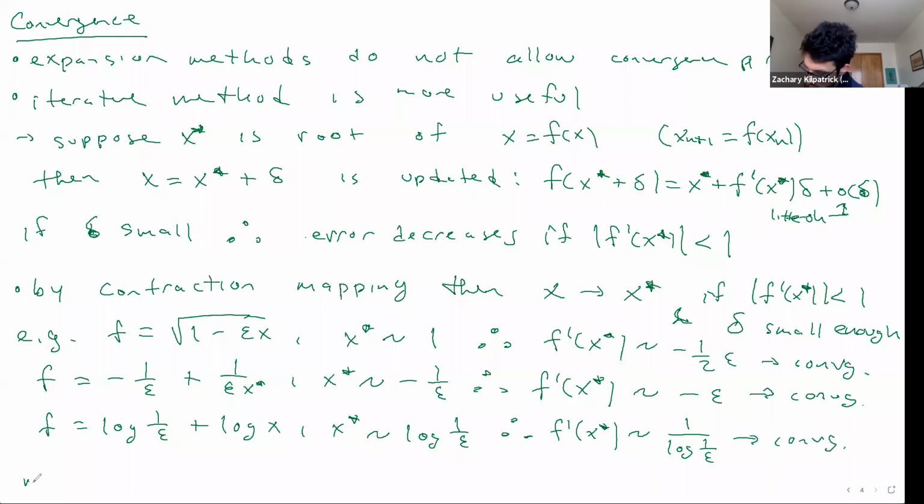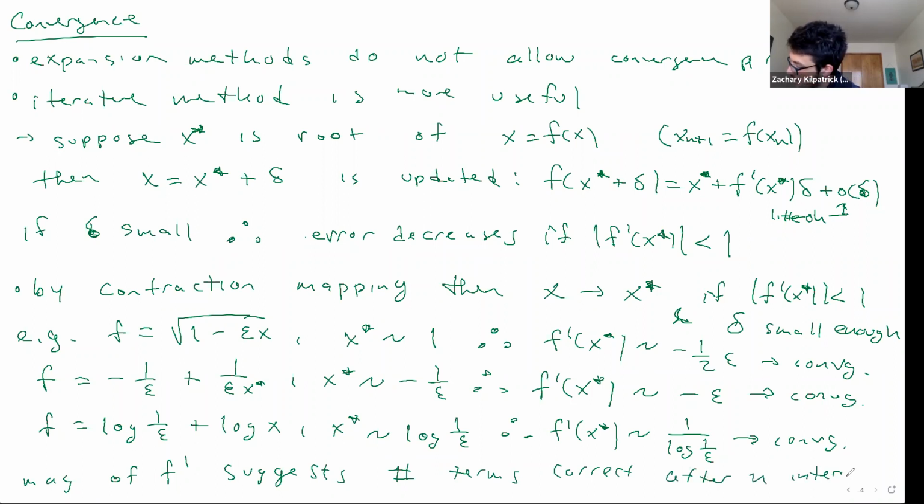So the magnitude of f prime suggests the number of terms that are correct after n iterations.